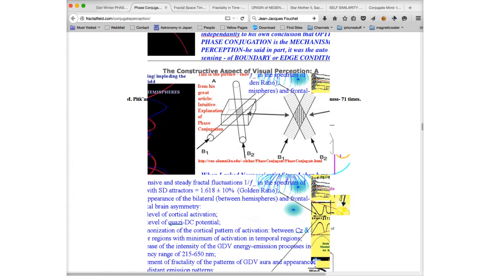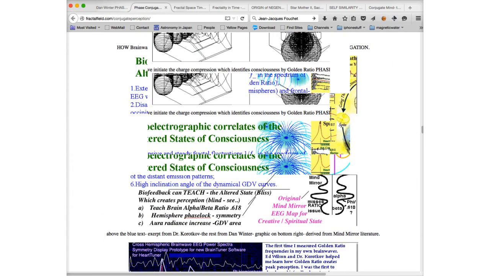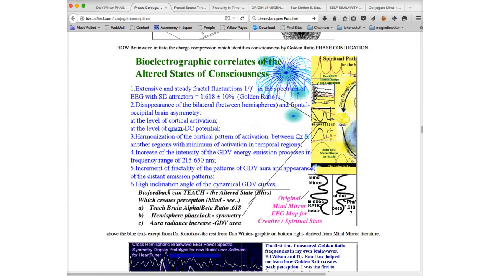Yes, here he is. Okay, here's a picture. So he found that people who learned to see without their eyes, the Bronnikov method, and others are now teaching that work, that one of the primary correlates to success, that is, if someone was seeing light inside their head and seeing without their eyes, it was then most likely that they were making golden ratio in their brain waves.